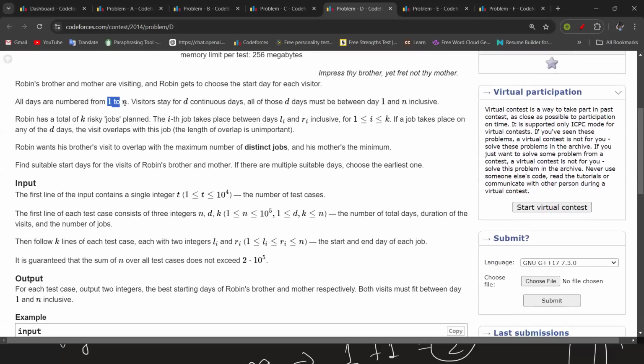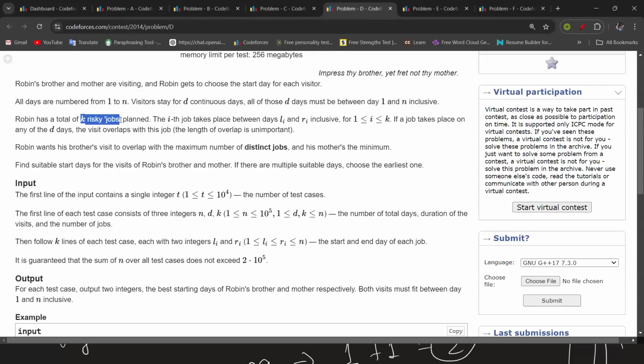So we have n days, and Robin's brother and mother are the two visitors, and they would stay for d continuous days among those 1 to n.